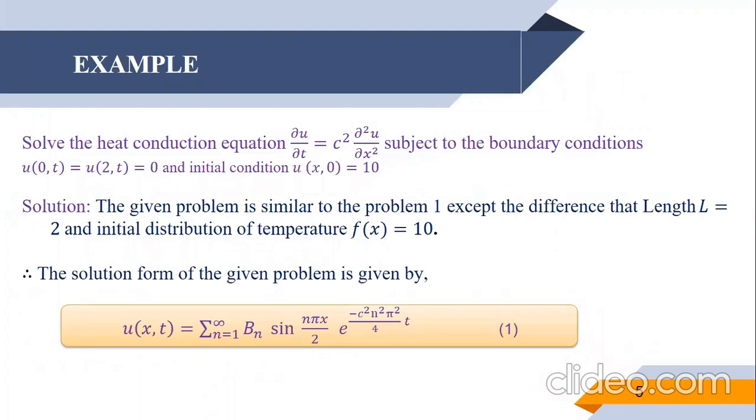So in this lecture, we discuss an example of the one dimensional heat equation, based on problem 1. That means we discuss an example of heat conduction in a bar whose both ends are held at 0 temperature.